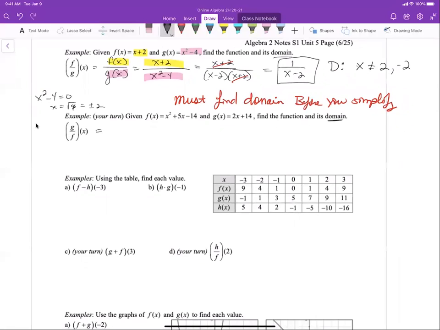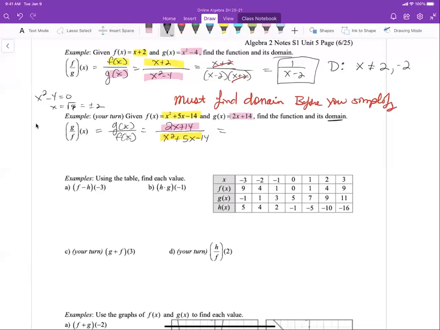Welcome back. We have g of x divided by f of x. We know that g of x is given here. So we have that on top. And we have our f of x, and we'll have that on the bottom. So g of x is 2x plus 14, over x squared plus 5x minus 14.